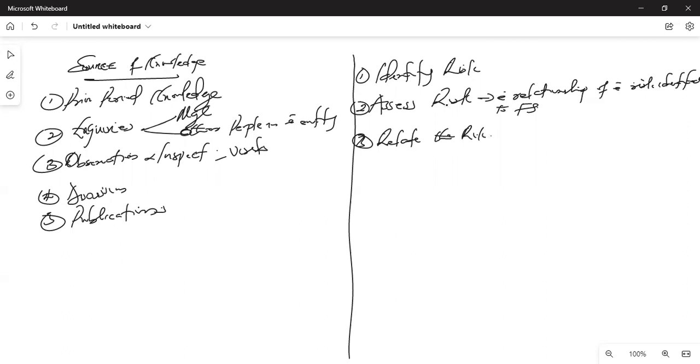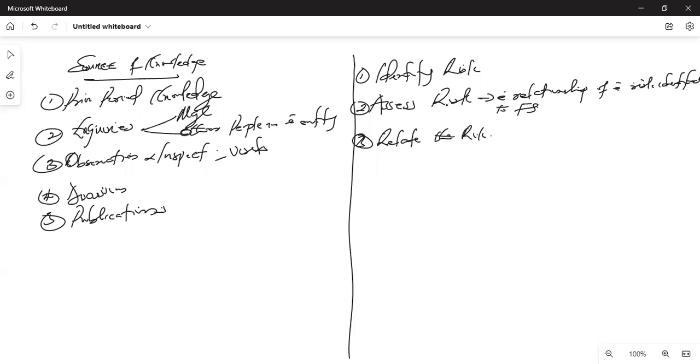Okay, so at this point, what can go wrong at the assertion level? We will come to assertions, all right? So relating the risk helps you to know more about the controls that are in place to address this kind of risk, okay? If you assess it and it has some link to the financial statement, what are the implications?